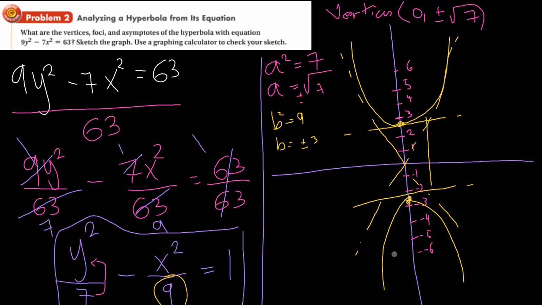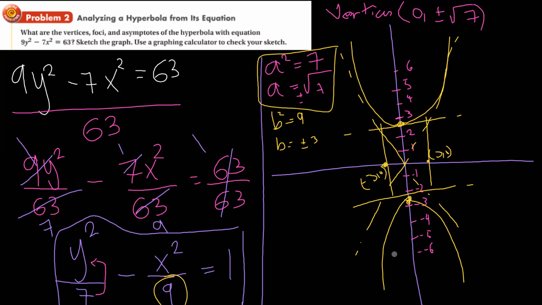If they connect between them, you will make a B. So B here and here is 3, 0, and -3, 0. He asked me about the vertices. I found it. Now, the foci.